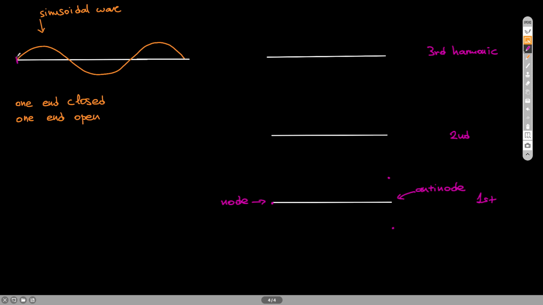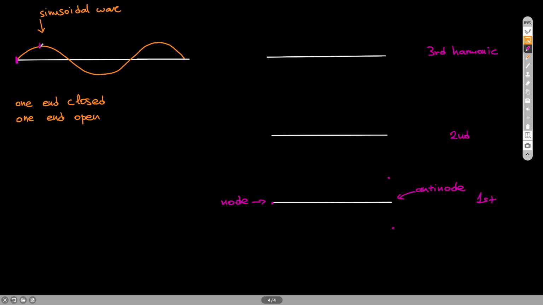So starting from here, that's my node, I need to find the shortest portion of this that includes a node at the left and an anti-node on the right. If I keep moving to the right, the displacement here increases, and then it starts decreasing. Here is where I have the maximum displacement.